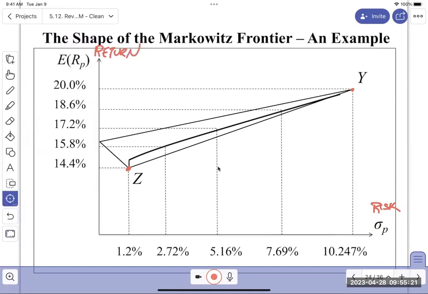And it demonstrates the trade-off where as I go from Z to considering Y, the return goes up, but also the risk goes up. Now, Z is lower risk, but lower return. Y is high risk, high return.